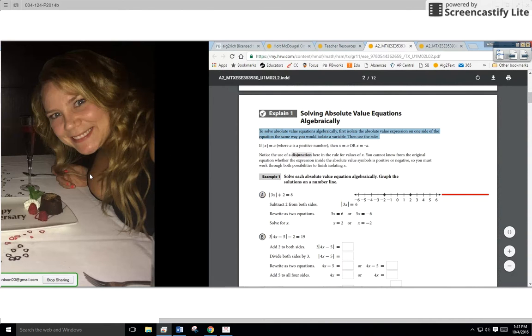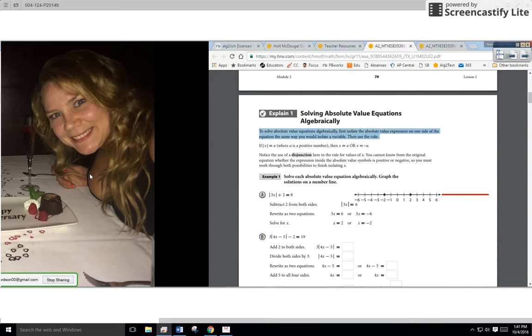To solve an absolute value equation algebraically, which is what we want to do, we want to first isolate the absolute value expression on one side of the equation the same way you would isolate a variable. So we want to isolate the absolute value expression part first. Okay.